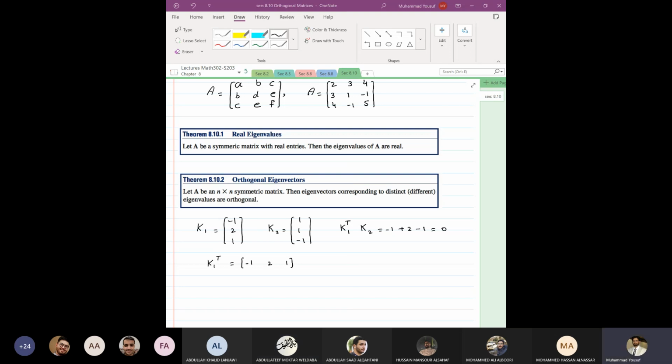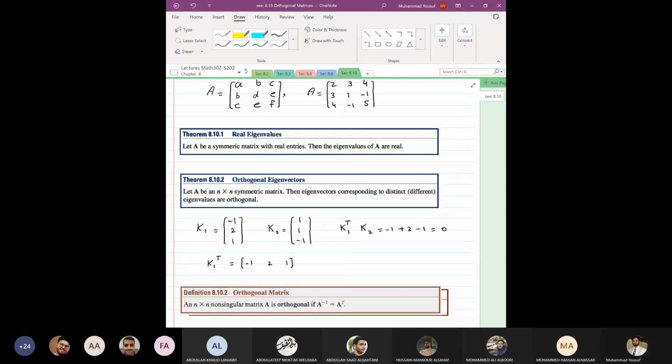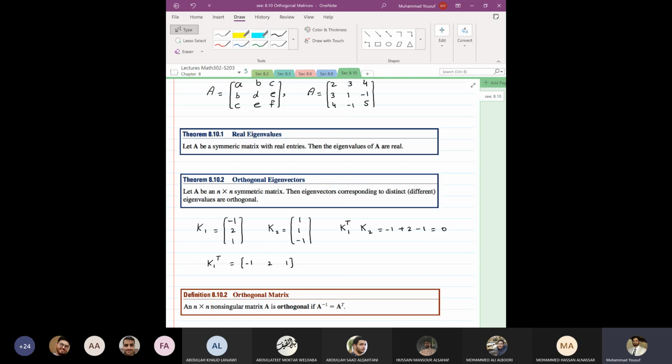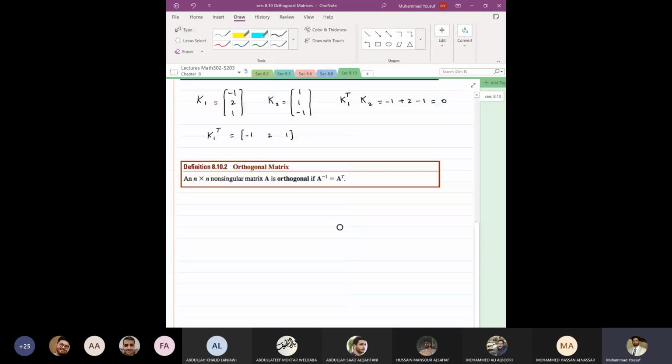Then the next thing here is, now finally we reach the definition of orthogonal matrix. Now here they are putting theorems in this dark blue color box and definitions in red color box.